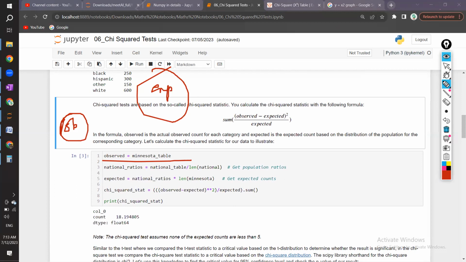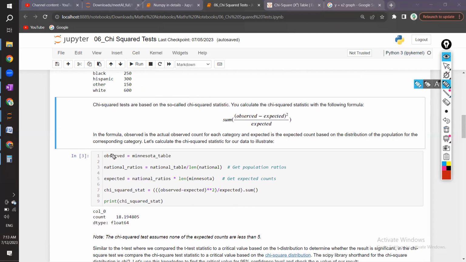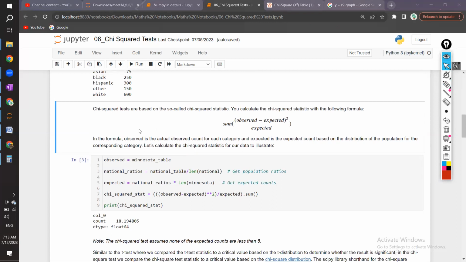So observed values equal the Minnesota table. The population proportions are the national ratios, which is the national table divided by the length of the national. There you will get the corresponding national proportions.